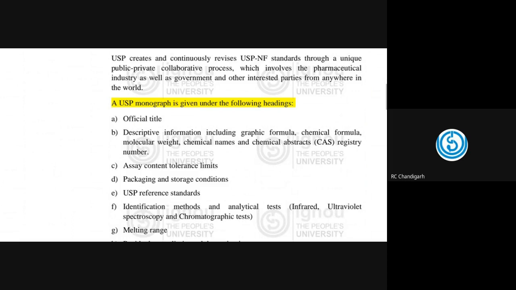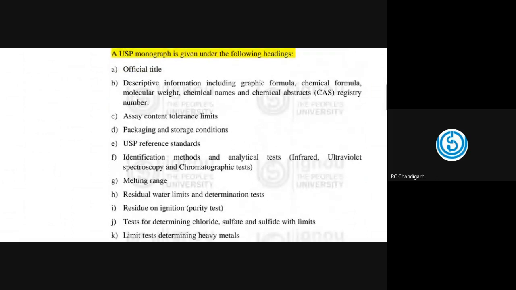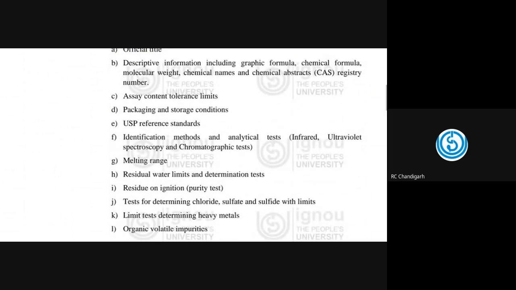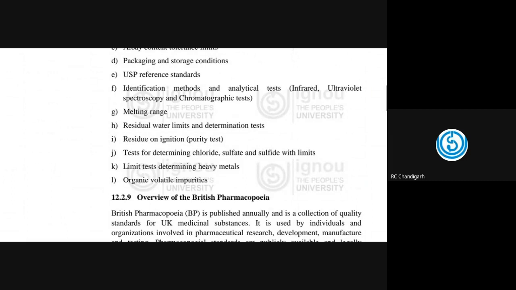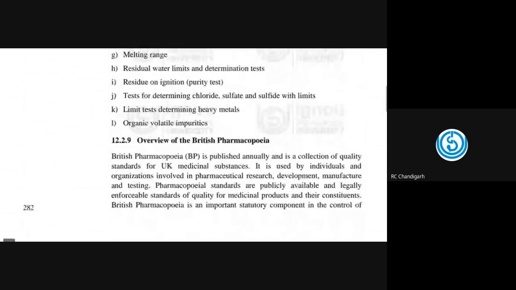Then assay content, tolerance limits, packaging and storage conditions, USP reference standards, identification methods and analytical tests, melting range of that drug, residual water limits and determination tests, residue on ignition or the purity test, tests for determining chloride, sulfate, sulfide with limits, and limit tests determining heavy metals and organic volatile impurities.